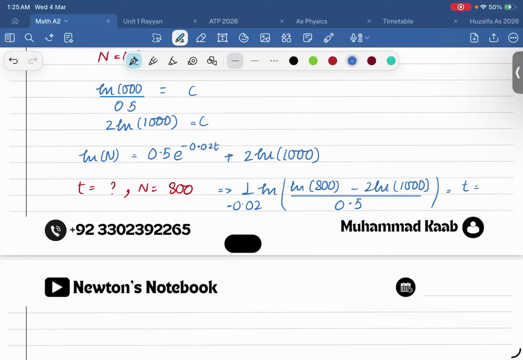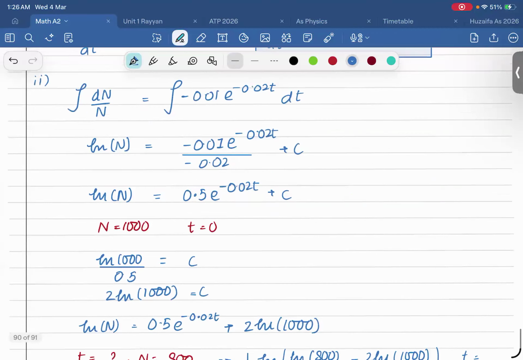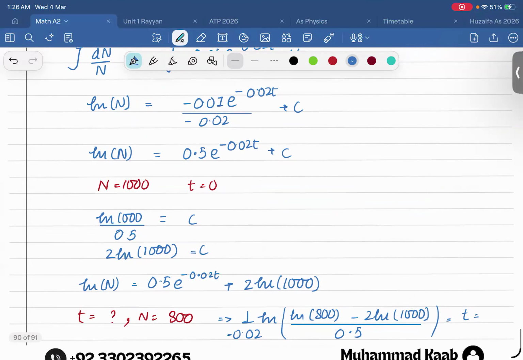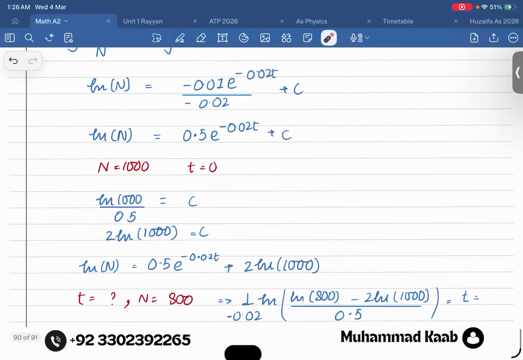Why is it, so basically when I put 0 that would be 1, yes, 0.5, but they are getting ln n, 0.5, and why am I getting the maths error?